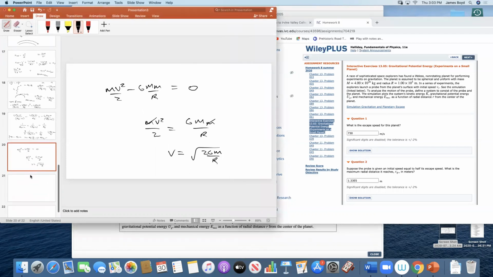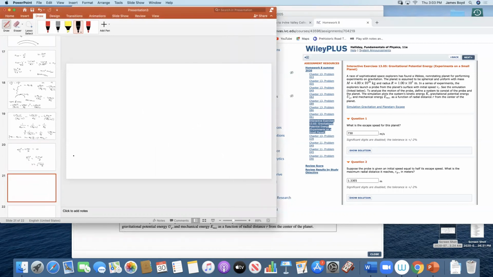How we do that is we figure out the energy the way I just did. So mv squared over 2 minus GMm over r initial is equal to mv squared over 2 final minus GMm over r final.